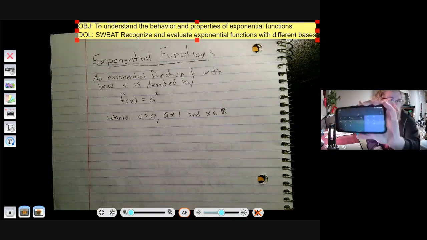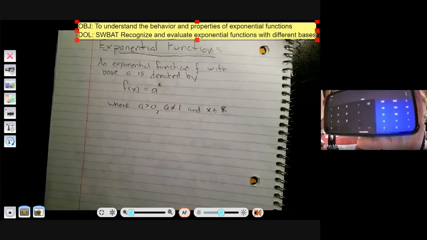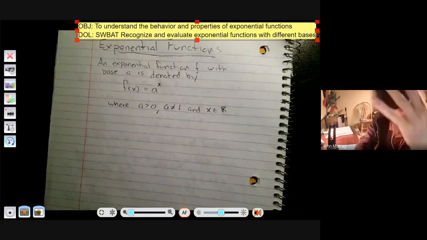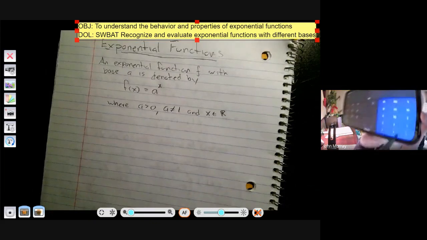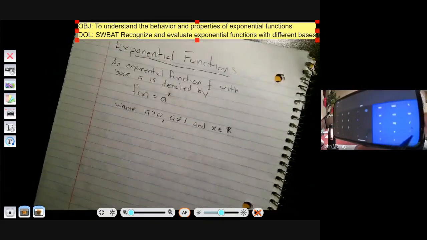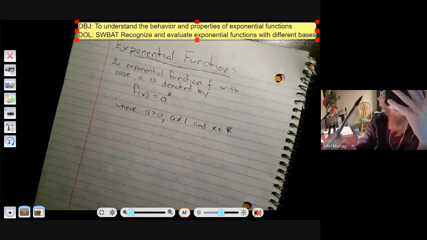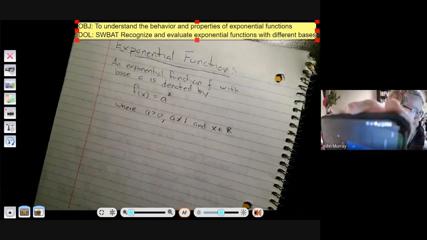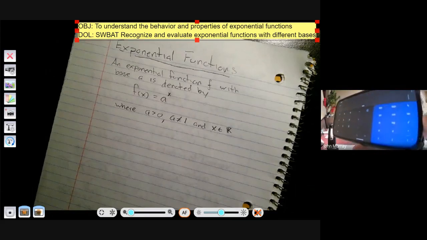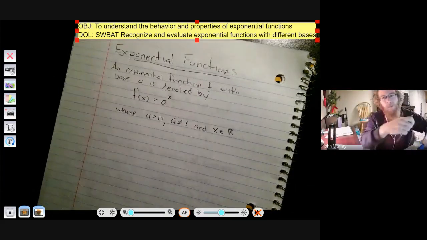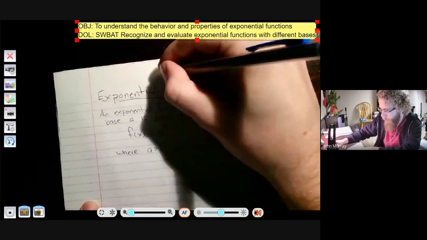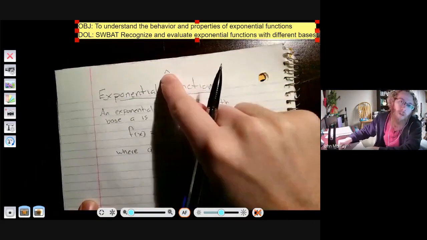I don't know if you're going to be able to see this, it's really poor quality, but there's a little caret, an arrow that points up. It's over here. It's just a little symbol that looks like this.